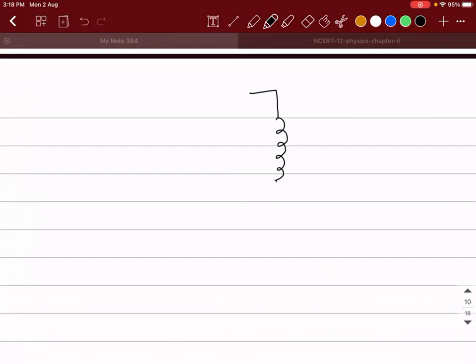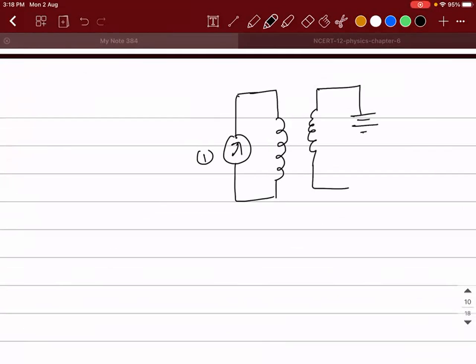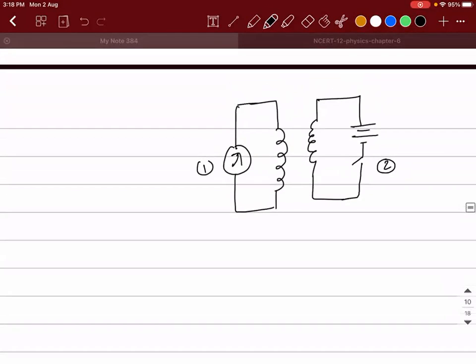We can even think of this kind of scenario, where this is still the first coil, and this will be the second coil, right? Now I can say that this coil is secondary because it is the one connected to the galvanometer, and I can call this coil the primary, right?